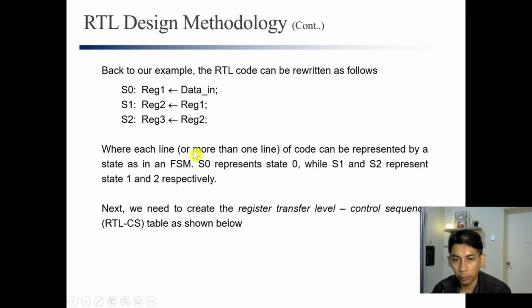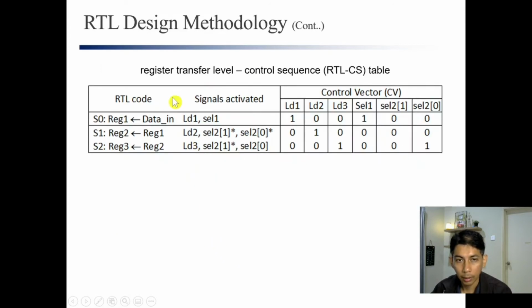So to do that, we will create a table, what we call the register transfer level RTL control sequence table, or in short, the RTLCS table, like this. We have this RTL code, and we list all the activated signals in order to do this operation. In S0, we want to transfer the data from here to here. So LD1 must be 1, SEL1 must be 1.